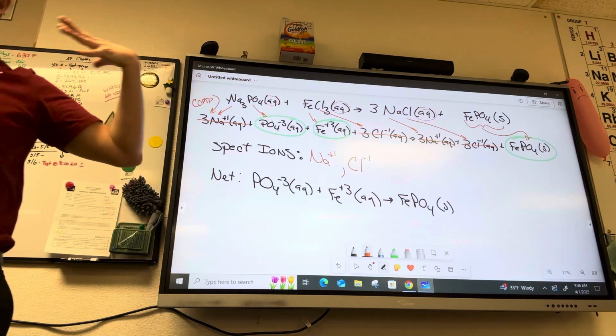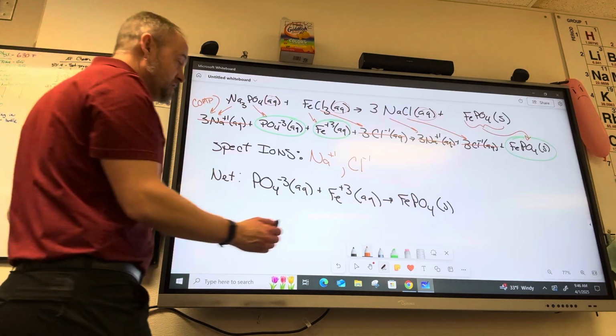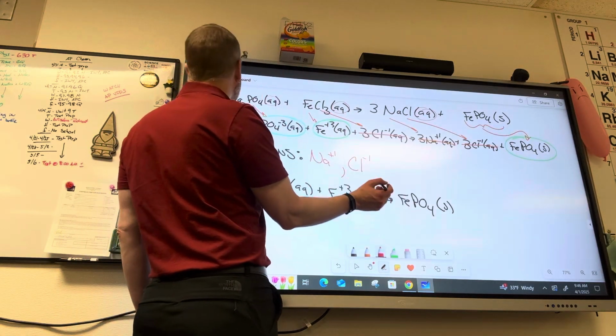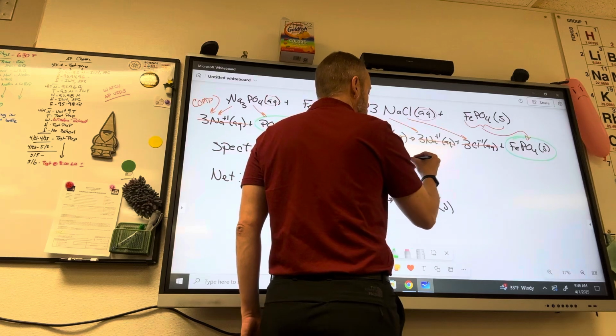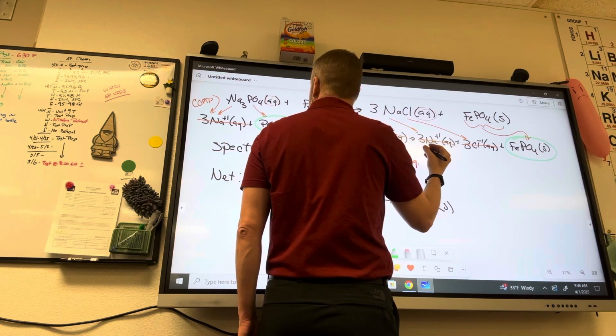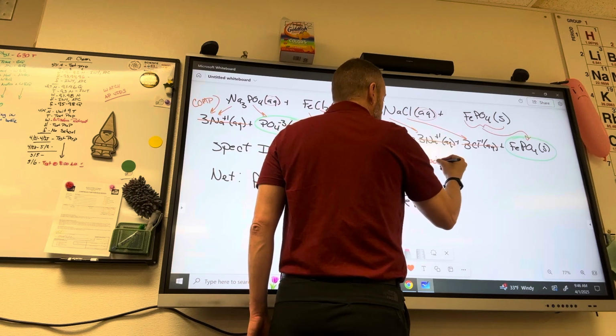So maybe, for example, on the assessment, the question that I give you is aqueous sodium phosphate reacts with aqueous iron 3 chloride. I'm going to shorthand this so I have enough space.